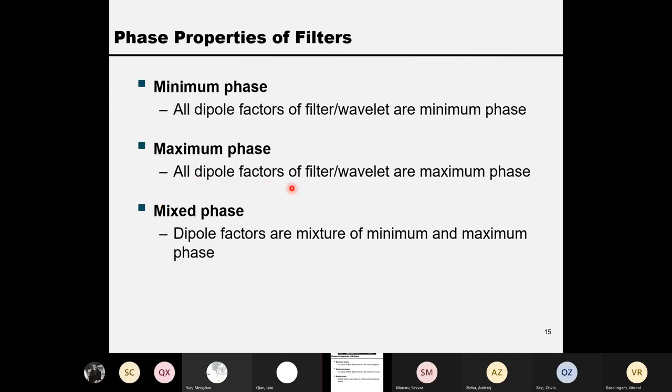When all dipole factors are maximum phase, that filter is called the maximum phase filter. Of course, sometimes you have minimum dipoles and maximum dipoles mixed. So the mixed phase filter is basically when the dipole factors are a mixture of minimum and maximum phase.